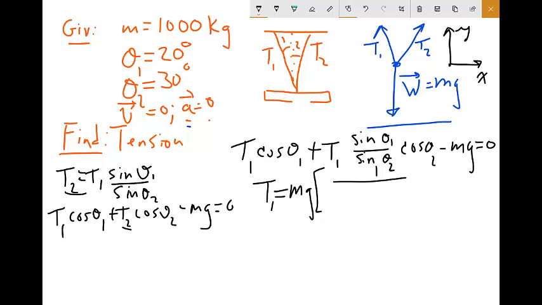So I'll have a cosine theta 1 plus sine theta 1 over sine theta 2 times cosine theta 2.